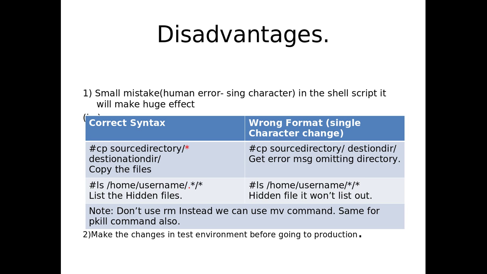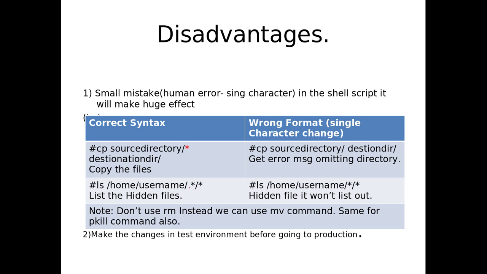To identify and kill them, I listed the processes, and after identifying them using xargs and pkill, I killed all the zombie processes. So in rare cases we can use it, but in a normal production environment, don't use rm or pkill. Instead of rm, we can use the mv command.